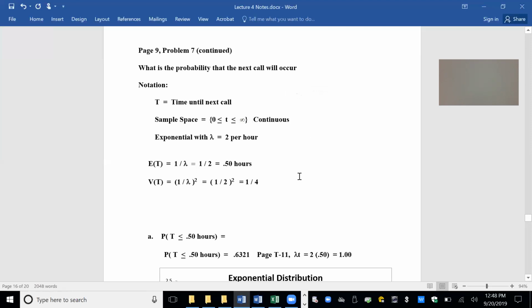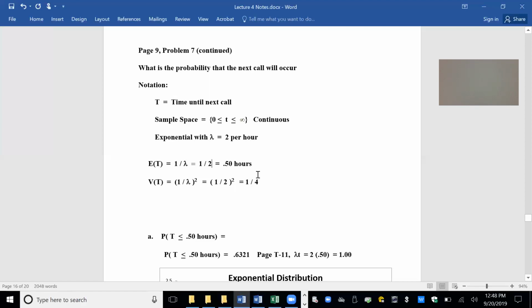Okay, we're looking at the same process, right? Calls coming in, so it's got to have the same parameter, which it does. They come in at 2 per hour. What's the expected time we have to wait to see a call come in? Okay, it's 1 over 2.